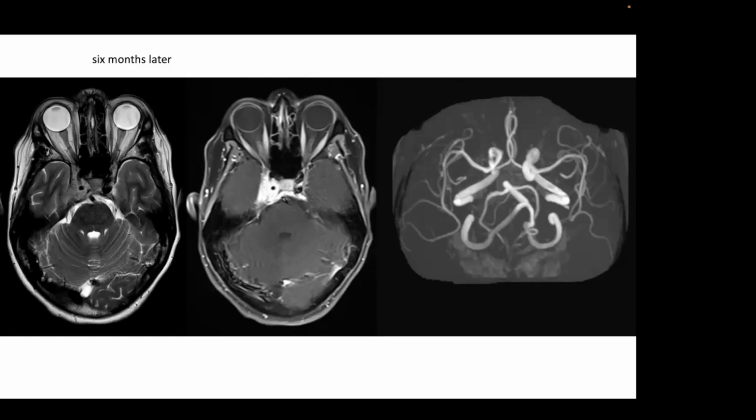Neoplasms. It's lymphoma. Lymphoma. So usually when you see a low signal intensity in the cavernous sinus, you want to think about meningioma, lymphoma, sarcoid, and Tolosa-Hunt is uncommon, but certainly it's in that differential.